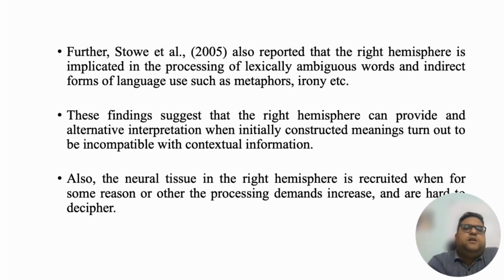Further, Stowe and colleagues also report that the right hemisphere is implicated in the processing of lexically ambiguous words and indirect forms of language such as metaphors, irony, etc. These findings suggest that the right hemisphere can actually provide an alternative interpretation when initially constructed grammatical meanings turn out to be incompatible with the contextual information.